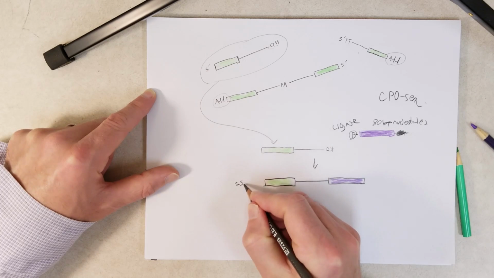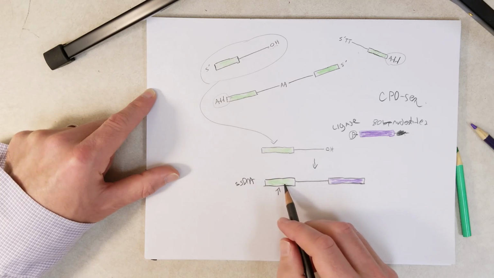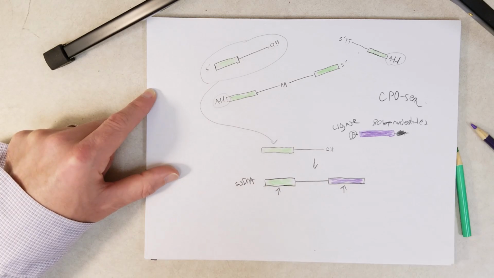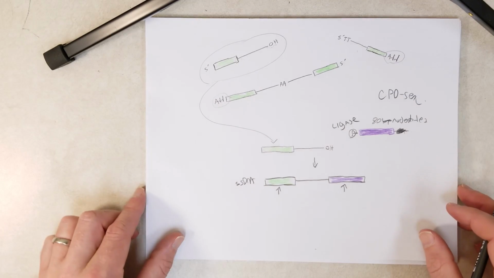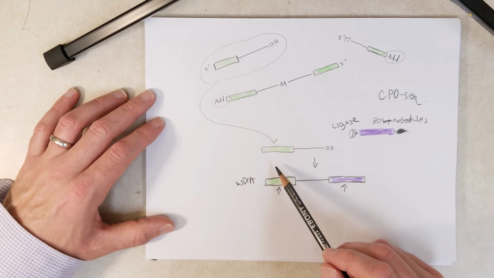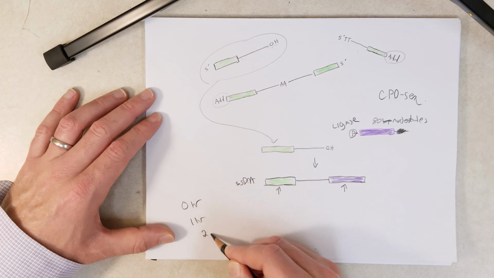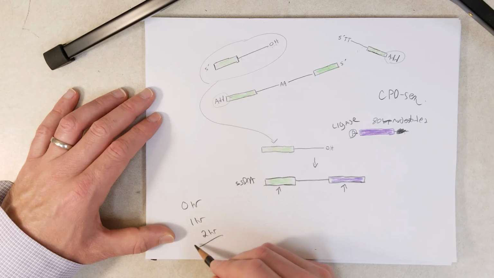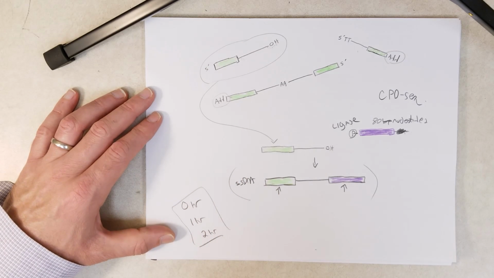So a single-stranded DNA molecule with a green adapter on one end and a purple adapter on the other end. So at this point in the process, the tubes from the 0 hour time point, the 1 hour time point, and the 2 hour time point are going to have millions of these fragments right here.